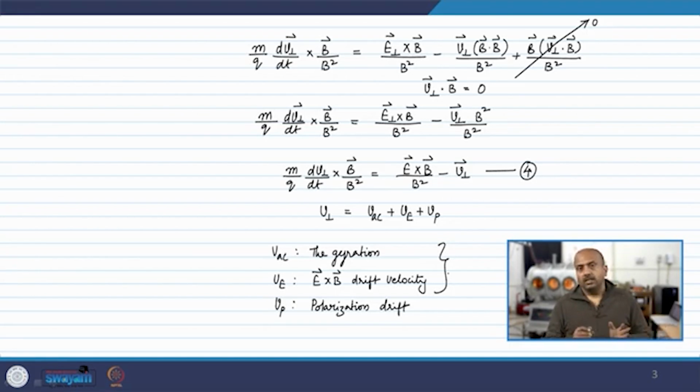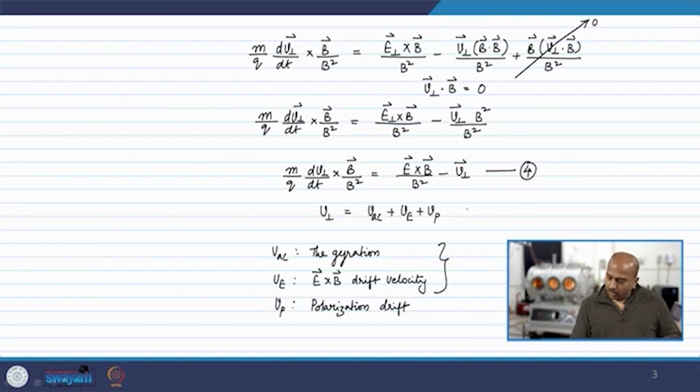Then the second thing is this constant E cross B by B square. This is the constant drift velocity. Now the moment the electric field is no longer constant, it will contribute to another drift velocity which is called the polarization drift velocity, right.